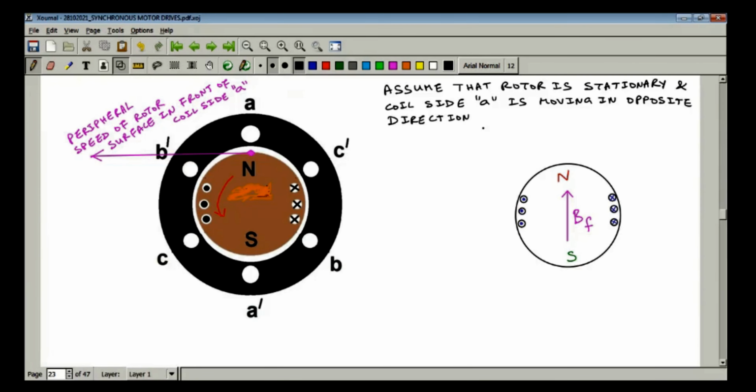Opposite direction means opposite to the peripheral speed of the rotor surface.